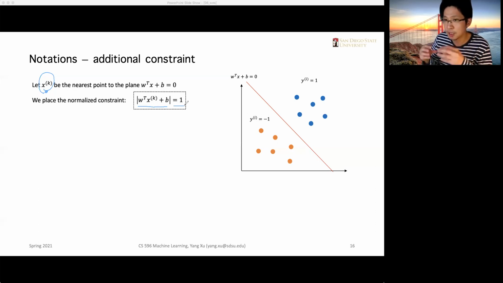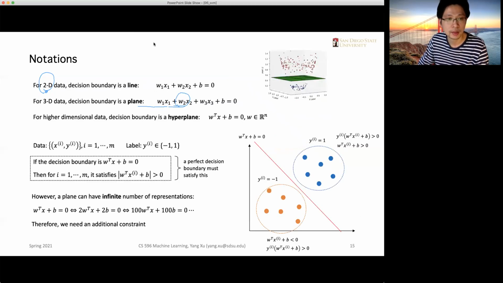This is a constraint we arbitrarily set. The 1 is arbitrarily chosen because it makes the whole computation easier. But this is a valid constraint because it satisfies the previous constraint, that for all the data points, the absolute value must be greater than 0.